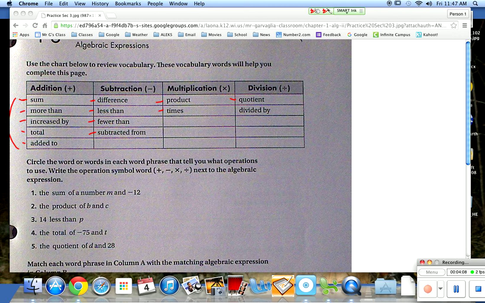If you see quotient in a sentence, you know it's divide, or divided by, obviously. So these aren't terms that are new for you guys. You've used them before. You just haven't put them down like this yet. It really isn't bad. These are all terms that you guys know already.